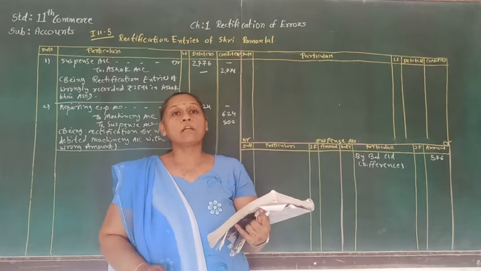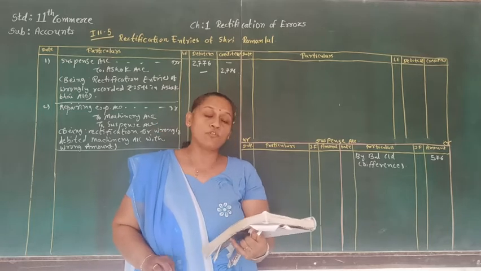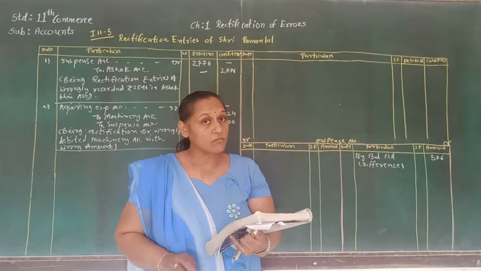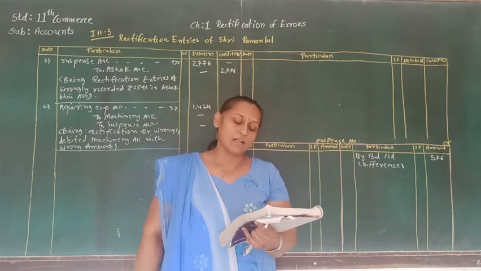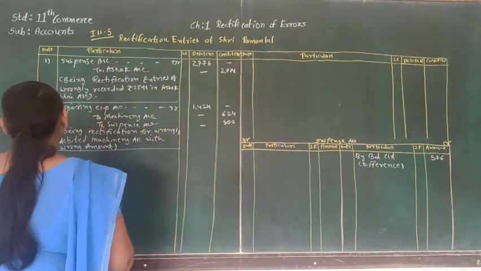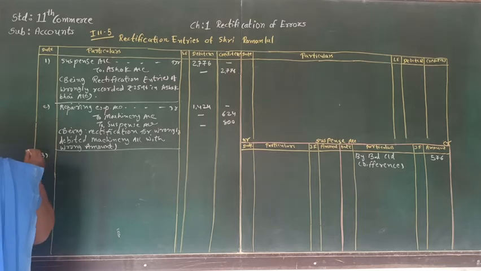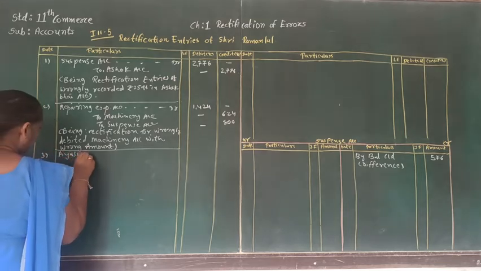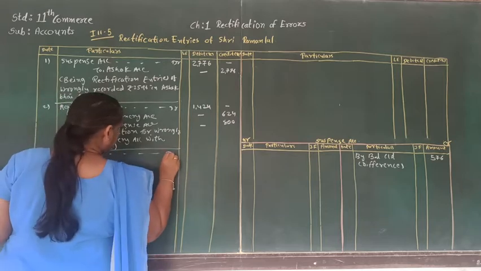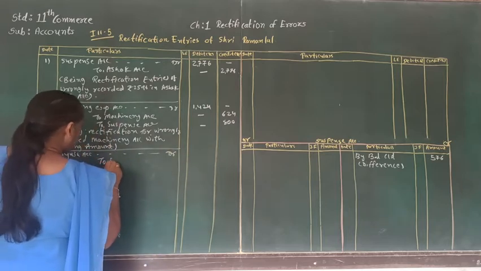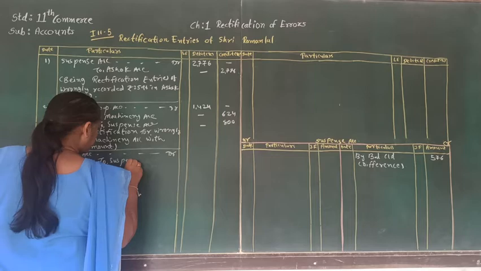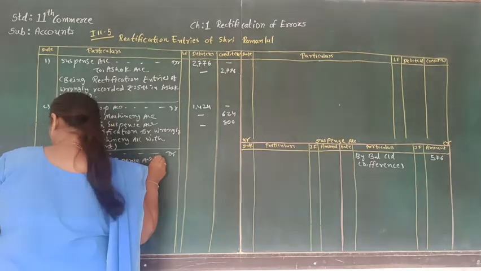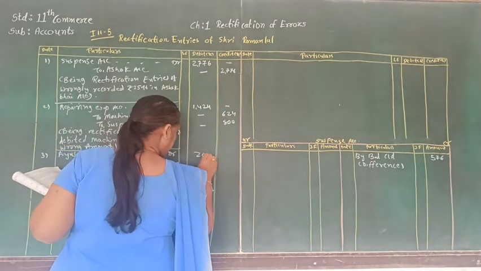So the rectification entry that we are going to pass will be Piyush account debit to suspense account. Amount will be 200.